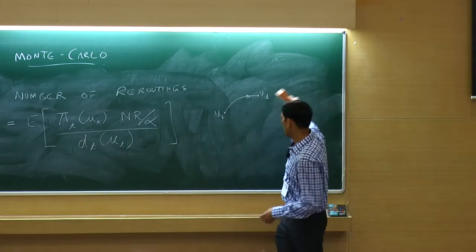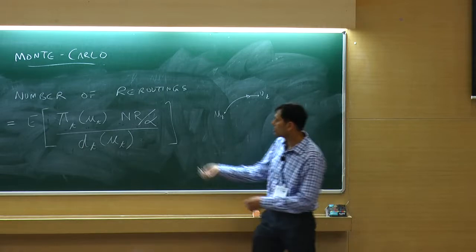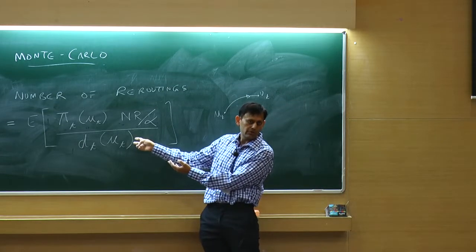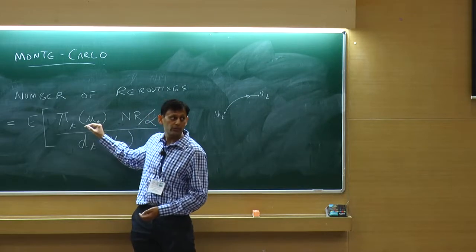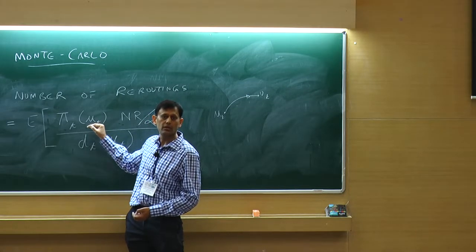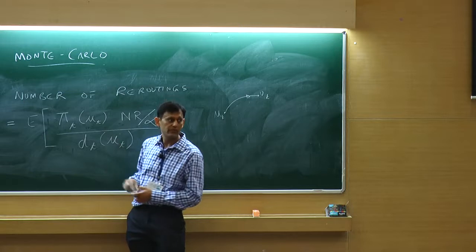This is basically the same thing that we had before, the probability that it's rerouted again. Now this expectation is over the choice of the edge ut comma vt.